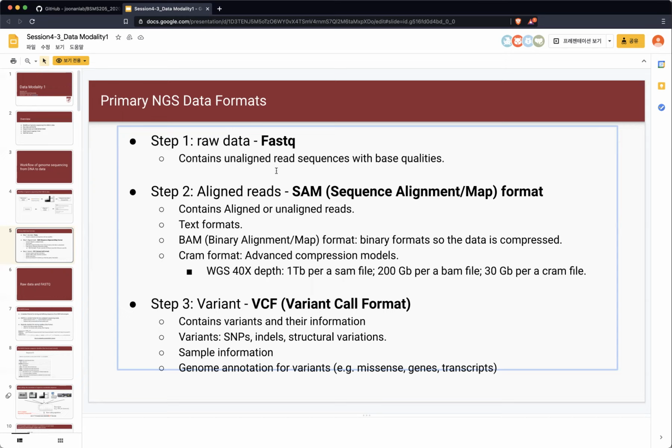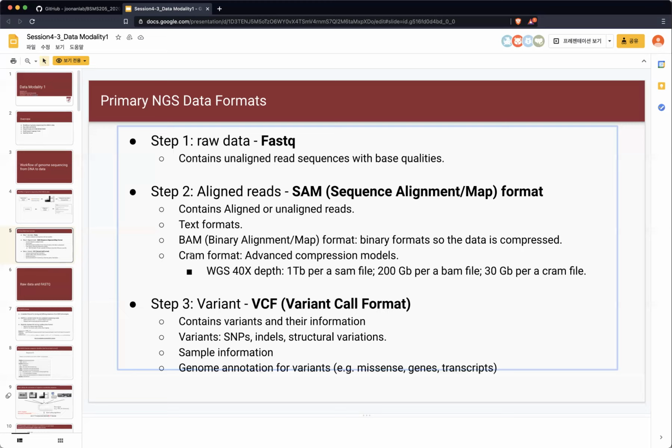We basically use an advanced compression model, in that case the CRAM format. This is a much more recent way to store the information. People developed the SAM format the first time, then they came up with BAM, and lately people use CRAM.